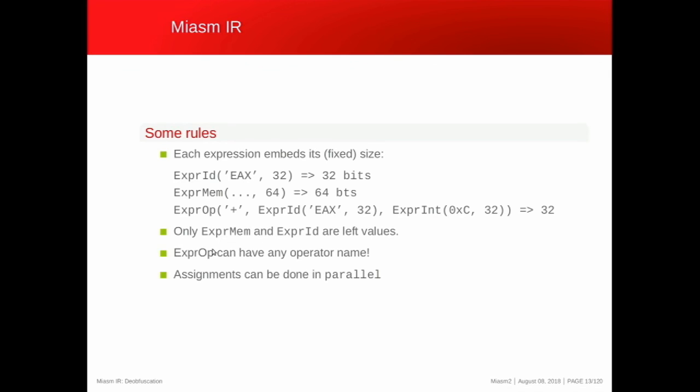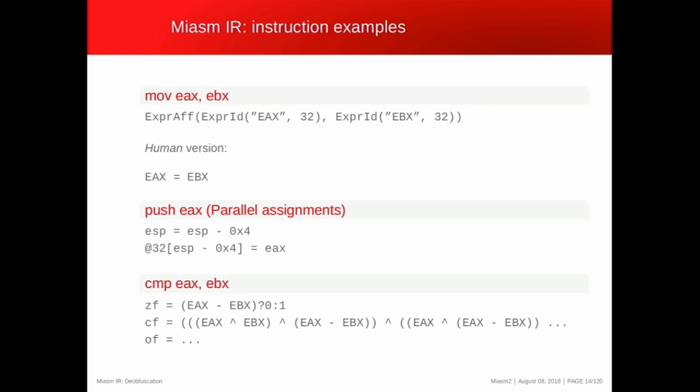Another interesting thing is that the expression operator can take any name of operation, and Miasm can work with unknown names of operators, and it can also do propagation algorithms, etc. on unknown operators. Another interesting point is that assignments are done in parallel. I will show this later.